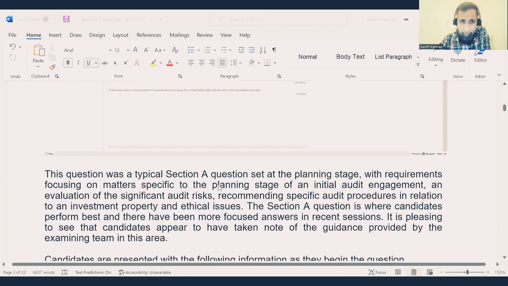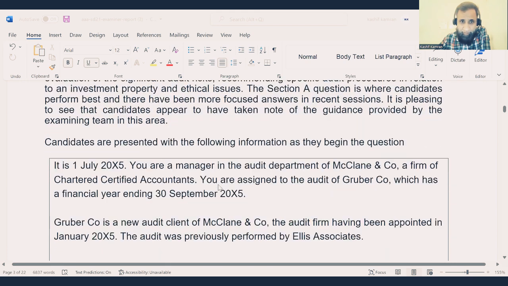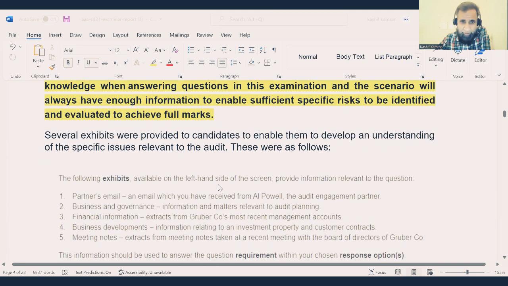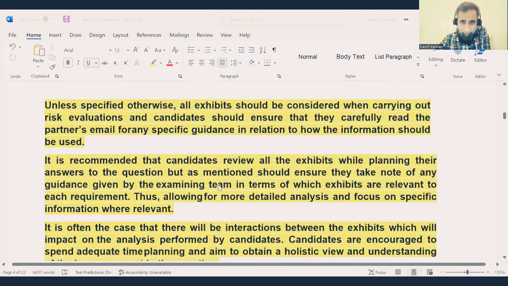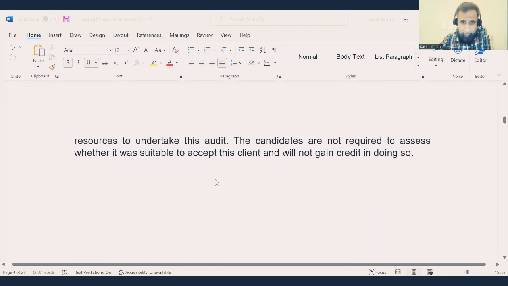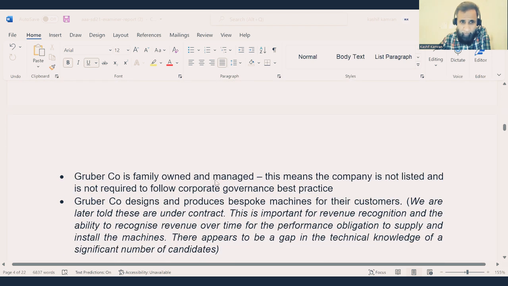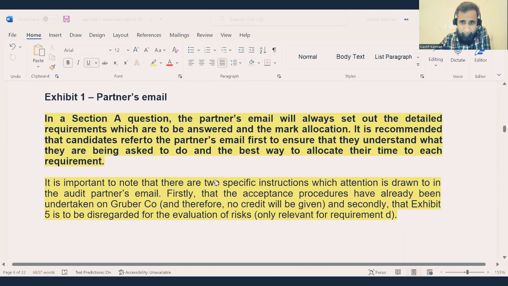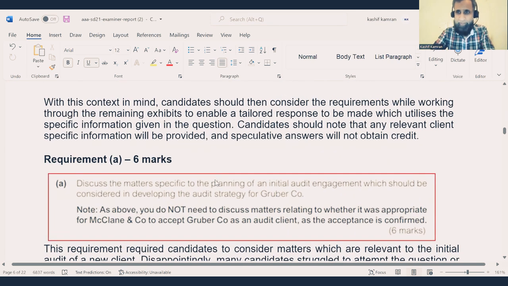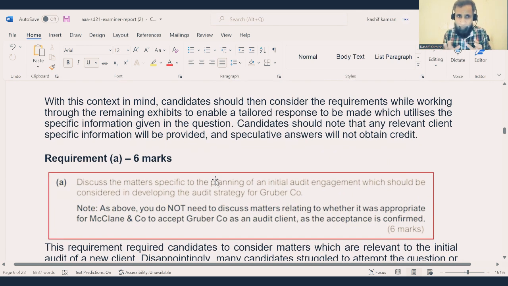You go down, and the examiner is telling us about the first question. Let's go to the first requirement. Can you all see the first requirement being covered by the examiner in the report?